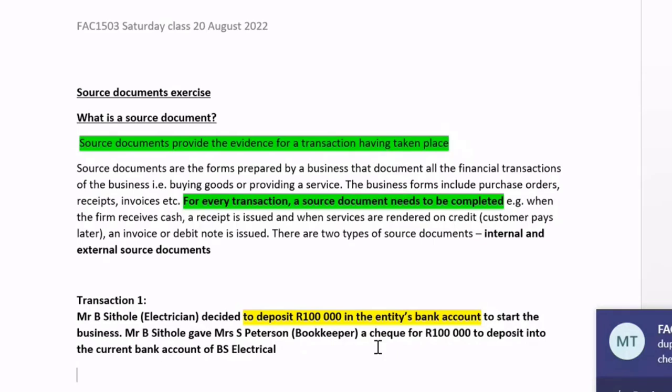So Desiree is saying bank deposit slip. And Nsuku is saying bank deposit slip. Malose is saying duplicate deposit slip and the check. Do you agree, guys?